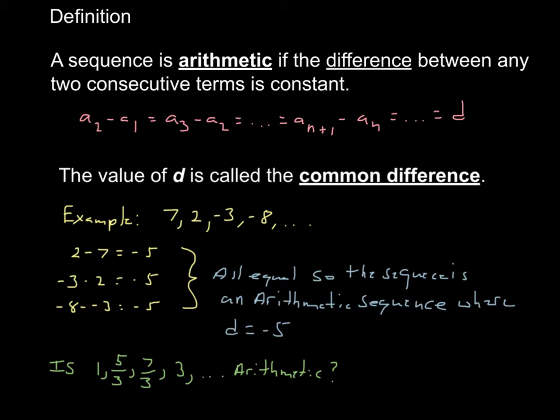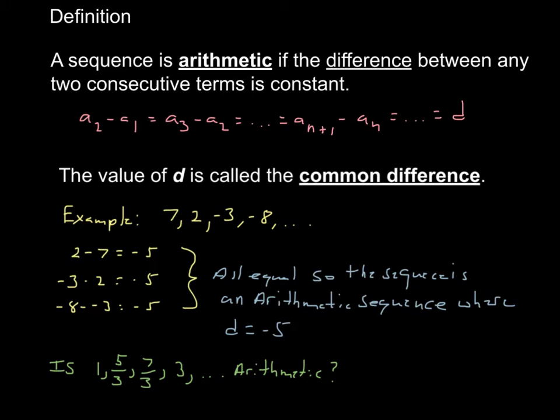So far, it appears we do have a common difference. We do the same thing with a sub 4 minus a sub 3, which is negative 8 minus a negative 3, which is negative 8 plus 3, which also equals negative 5. So all the differences here are equal, and I would conclude this sequence is arithmetic and d is equal to negative 5.